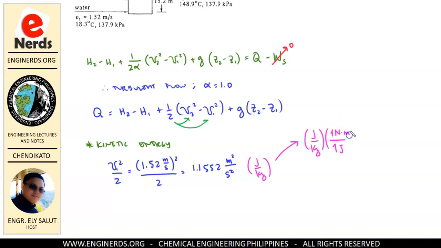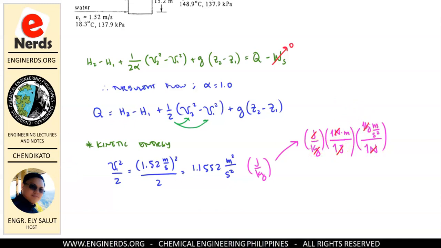Tulad ng nabanggit ko kaninang conversion. Now, 1 Newton is equal to 1 kilogram meter per second squared. Okay? So, let us check our dimensions dito, no? Our joules will be cancelled out, our newtons will be cancelled out, and our kilogram will be cancelled out.